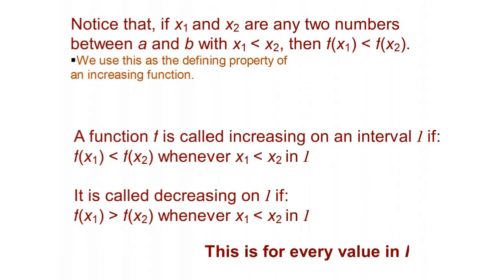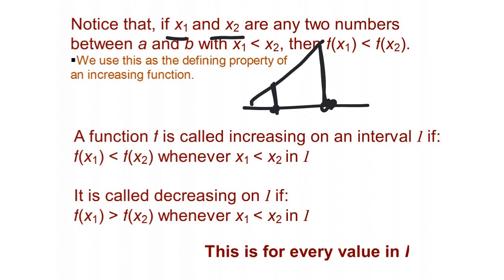So what all this says is that if between x1 and x2, so 2 different x's, if x1 is less than x2 and f of x1, so y, is less than the other y, it's going to be increasing. So this is f of x1, this is f of x2.